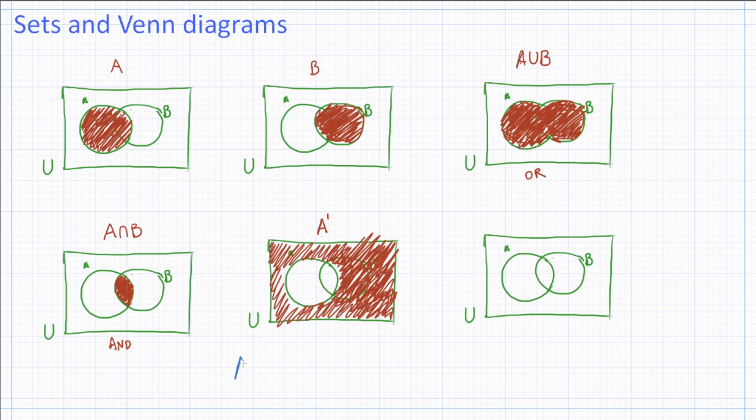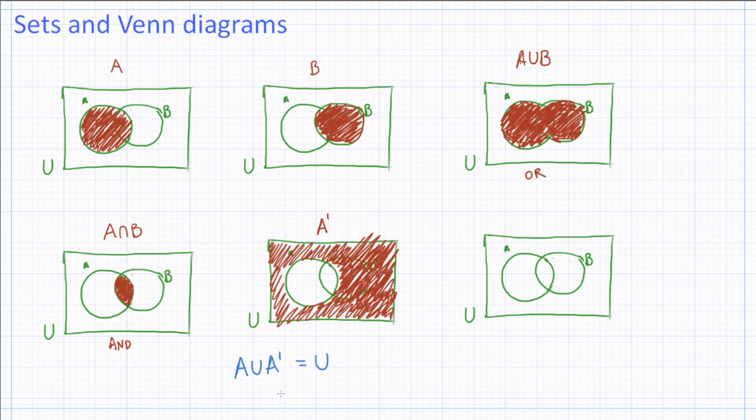There you go. Now, just by observing those sets, we can get to some identities. For example, what would be the union of set A and its complement? I've got not A here, the complement of A, and I've got A. If I add what's shaded in both of the graphs, I'll get my universal set. I'll get everything. So if I add any set with its complement, I should get the universal set.